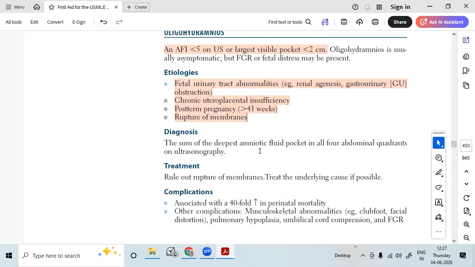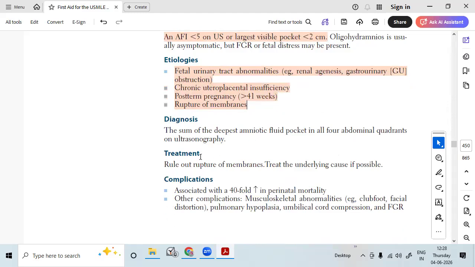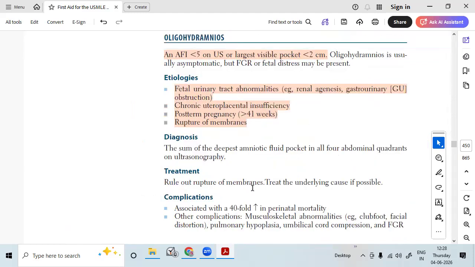Diagnosis is the sum of the deepest amniotic fluid pocket in all four abdominal quadrants on ultrasonography. Rule out rupture of membranes. Treat the underlying cause if possible. It is associated with a 40-fold increase in perinatal mortality.